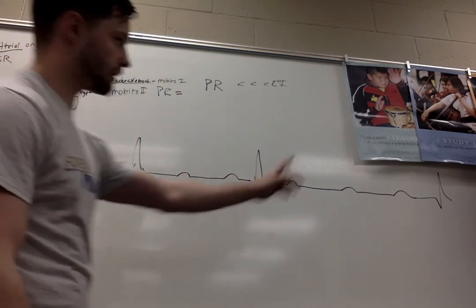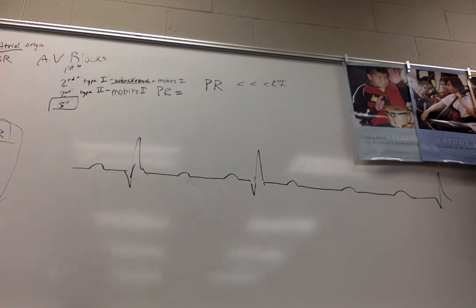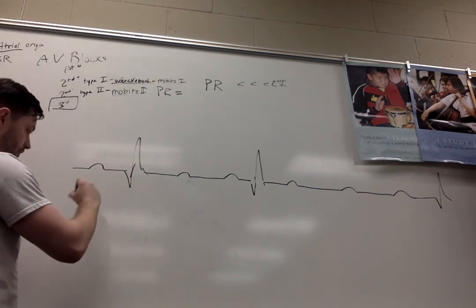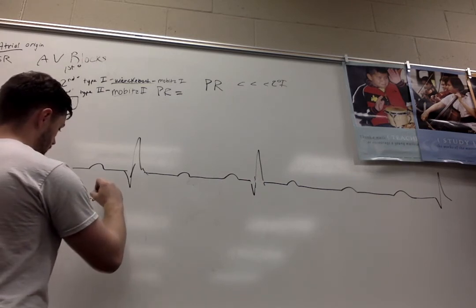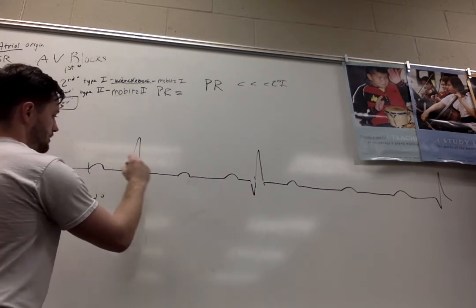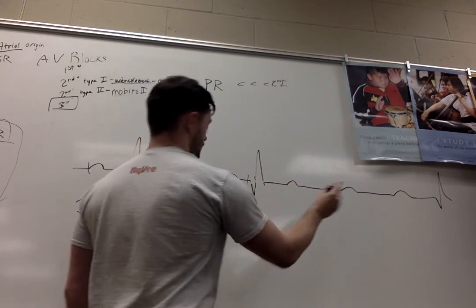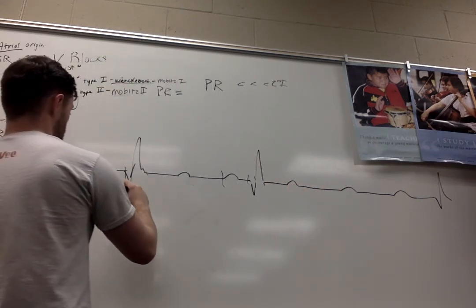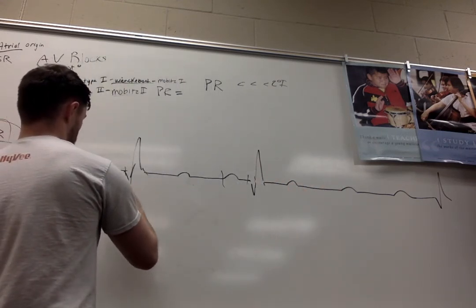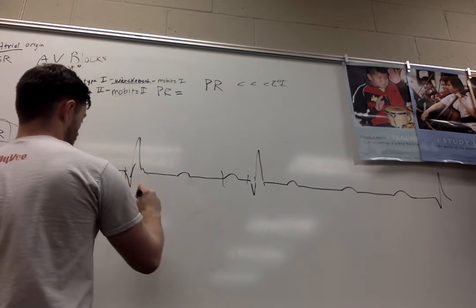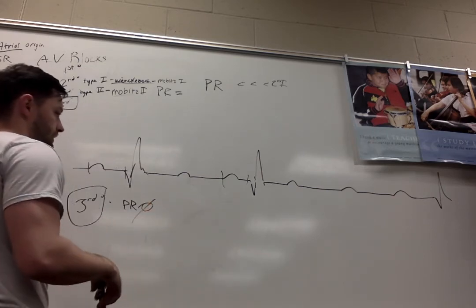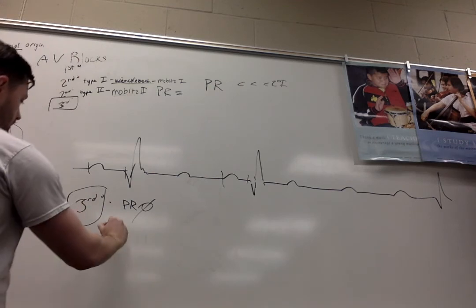Okay, there's a QRS behind the TV. Third degree, you can just tell the PRs are not the same. I might have drawn it like it's the same, but PRs are not the same. Different every time.